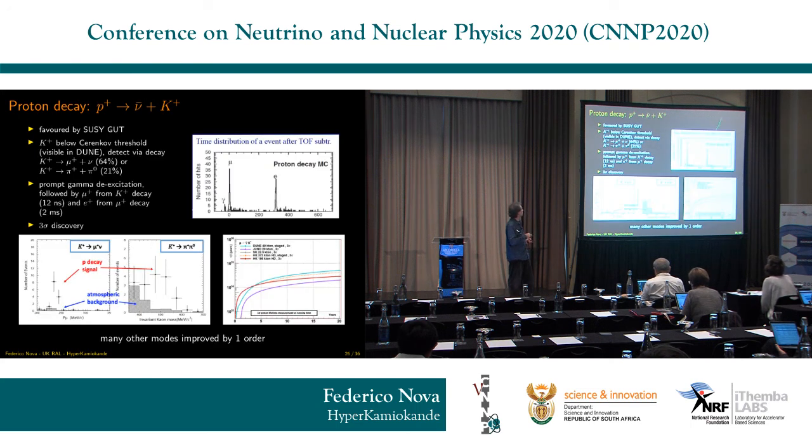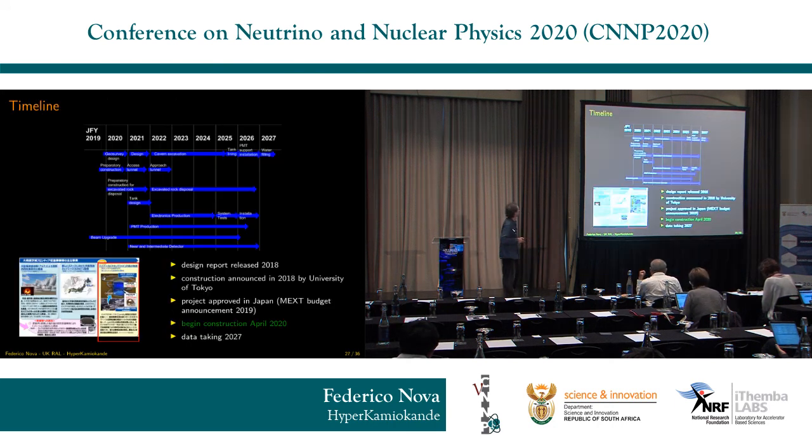And then this other main mode, that's the golden mode for DUNE, because DUNE can see the kaon, but in the case of Hyper-K, the kaon is below the Cherenkov threshold, so we cannot quite see it, but we have to wait for the kaon to decay, and then we either see the muon or the pions. And because there is this chain of the neutron capture and decay, there is a definite time structure to the signal. So we can find it that way and also have a 3 sigma discovery potential.